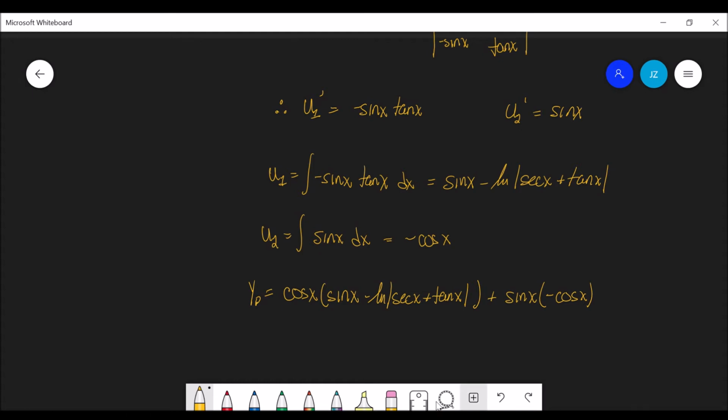We have cosine times sine, cosine times negative sine. Those are going to drop out, and we're left with negative cosine of x times the log of secant x plus tangent x.